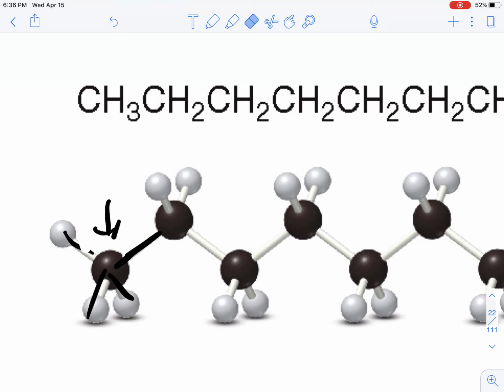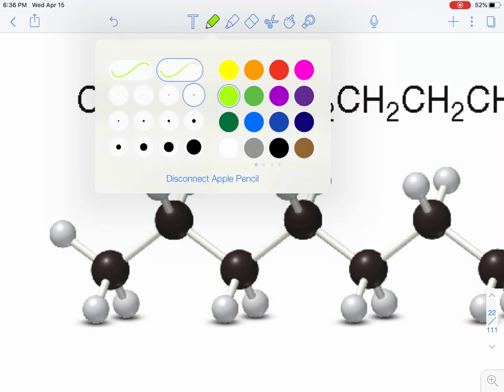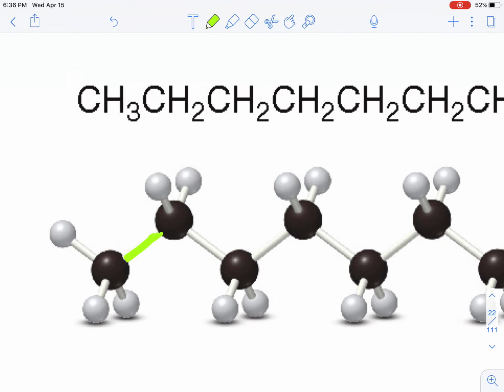I think I really should do this in a different color. So this bond right here, carbon to carbon, if you calculate the change in electronegativity, its change of electronegativity is 0 because it's the same element. It's carbon and carbon. Now, if you calculate the difference in electronegativity between carbons and hydrogens, they will fall under the nonpolar covalent range.